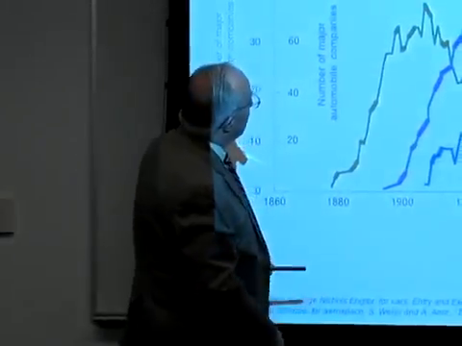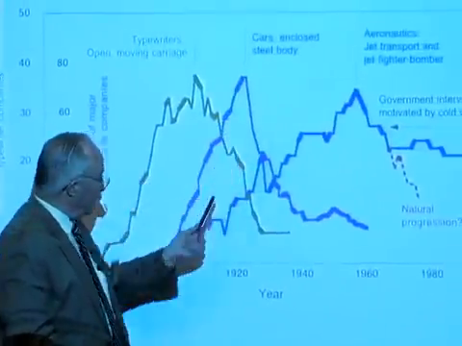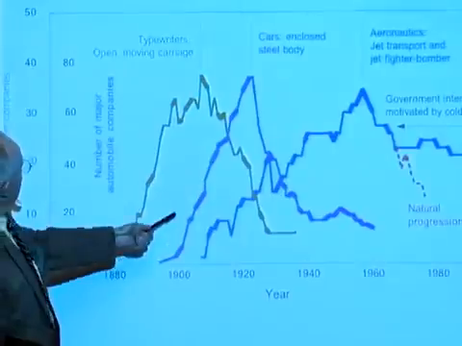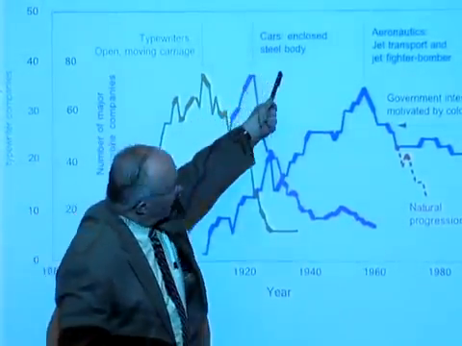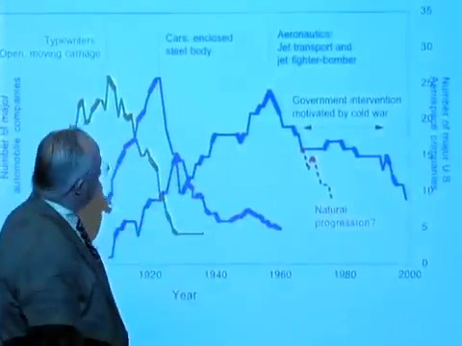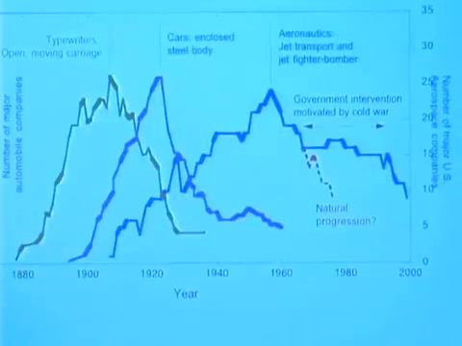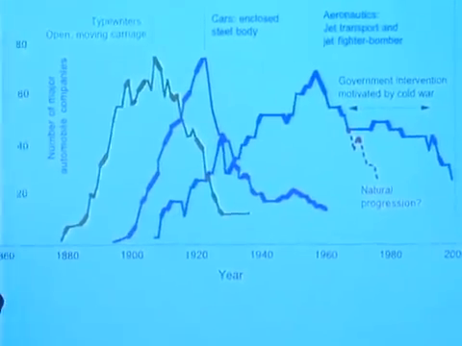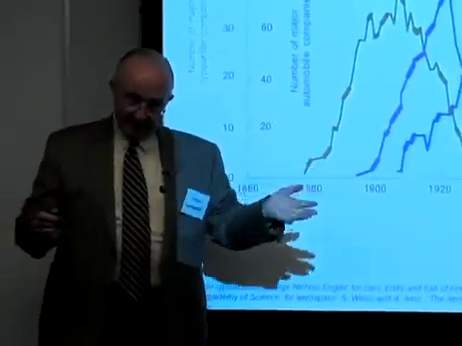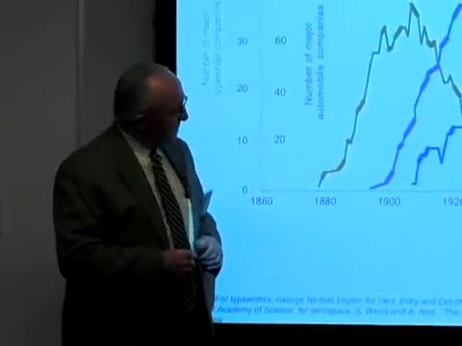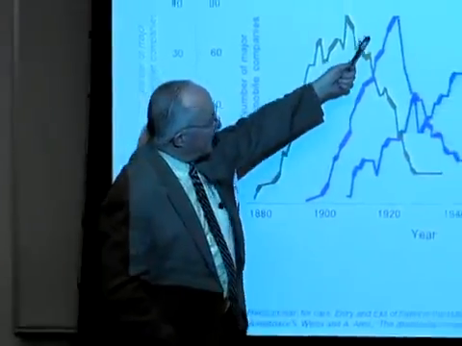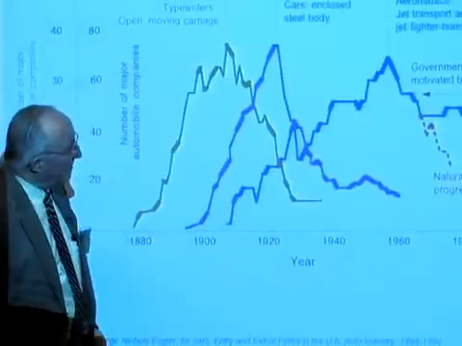The automobile industry has gone down from a whole bunch of companies making enclosed steel body cars, and now we have 3 in the United States. And then, a couple of years ago, Chrysler was not really a U.S. company. It was Daimler-Benz. So the same phenomenon happened in automobiles.